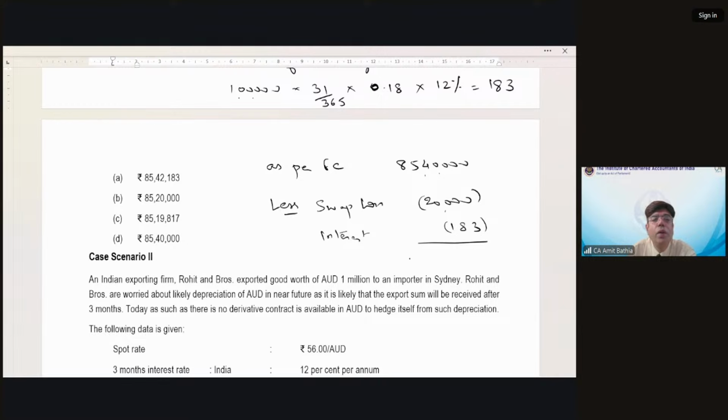So now 8540 minus 20 is 8520, and so the correct answer should be 8519,817, right?